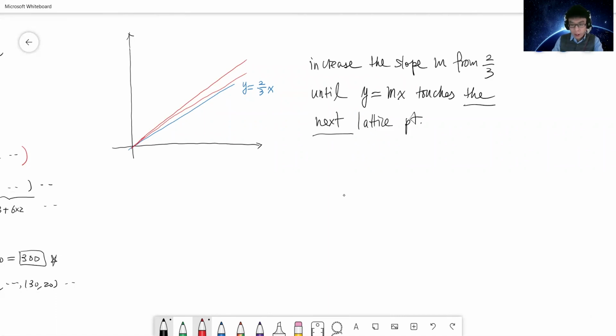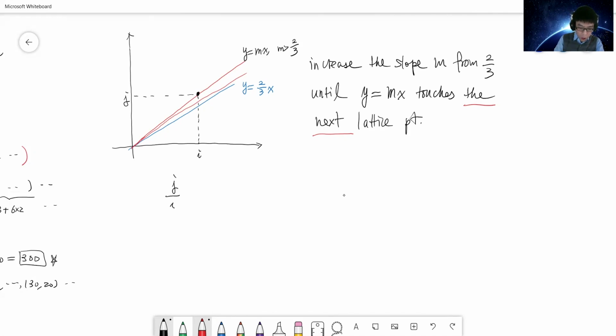Mathematically, it means that we should find a lattice point somewhere. Maybe it touches here. That's the next lattice point. Suppose the x coordinate is i and the y coordinate is j. Then y equals mx, where m is larger than 2/3.